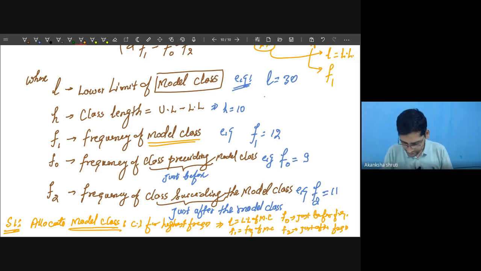H is your class interval, upper limit minus lower limit. Then just substitute it. Only this much is required.